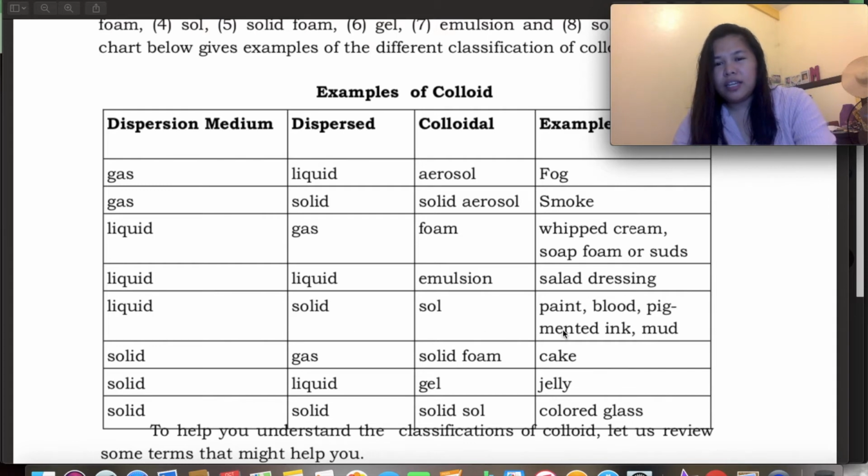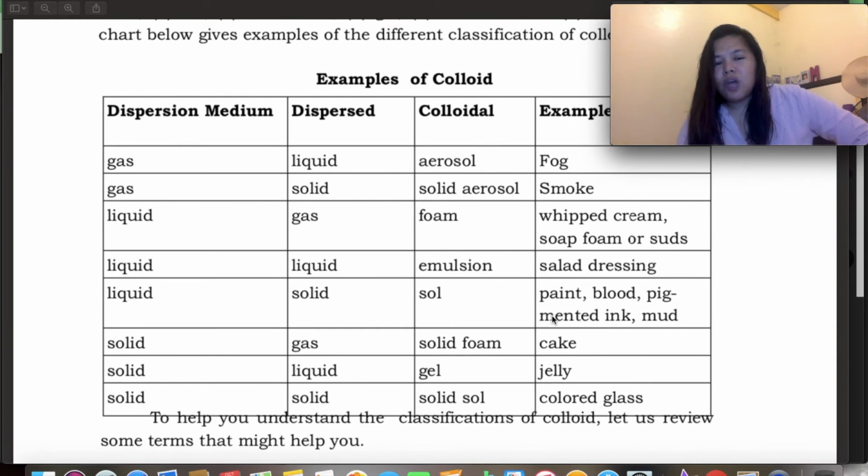The examples are paint, blood, pigmented ink, mud. It's watery, with something solid. So the examples are paint, blood, ink, and mud. And then solid dispersion medium, dispersed gas, solid foam, cake.